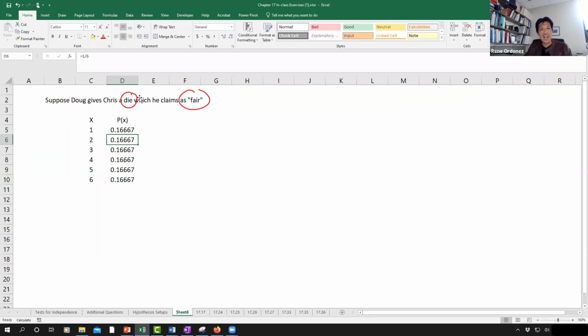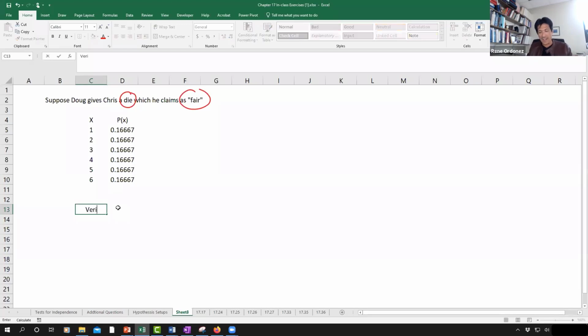But Doug is claiming this die that he gives to Chris is fair. Should we trust Doug? Well, as Ronald Reagan famously said, trust, but verify. We trust Doug, but we're going to verify.